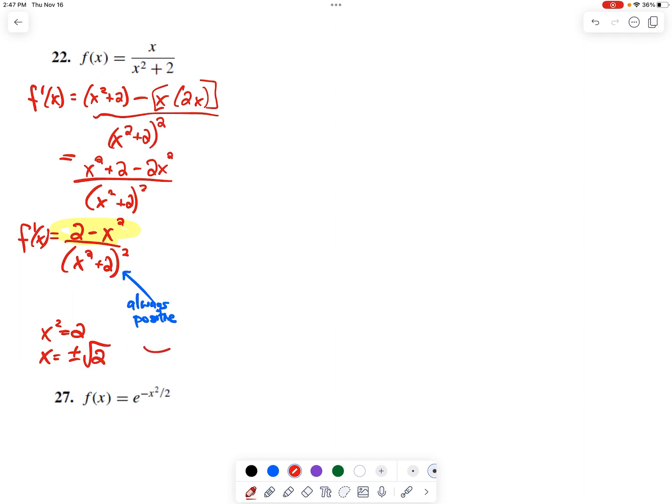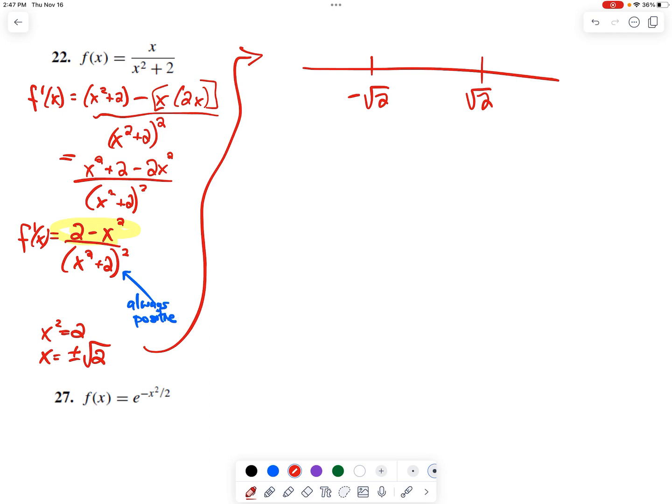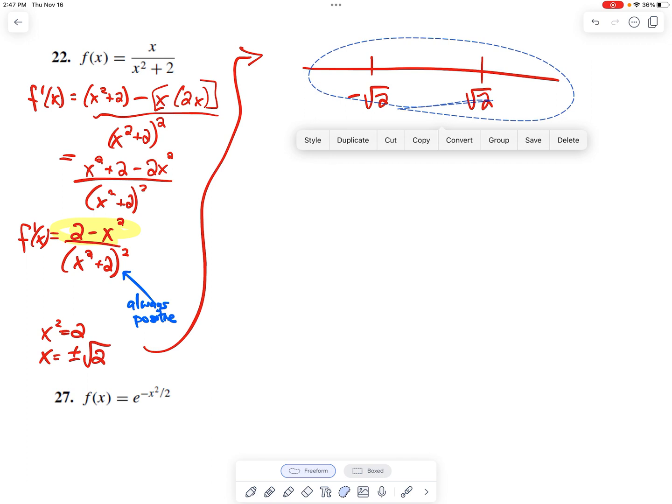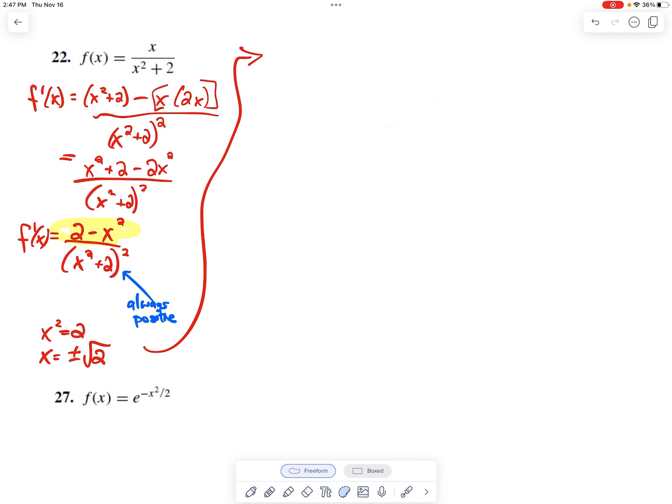So let's see, I'll make my number line up here that has a negative radical 2 and a radical 2, and just analyze that. You know what, I'm going to do something different this time. How about I make a table instead of a number line. So from negative infinity to negative radical 2 is one interval.